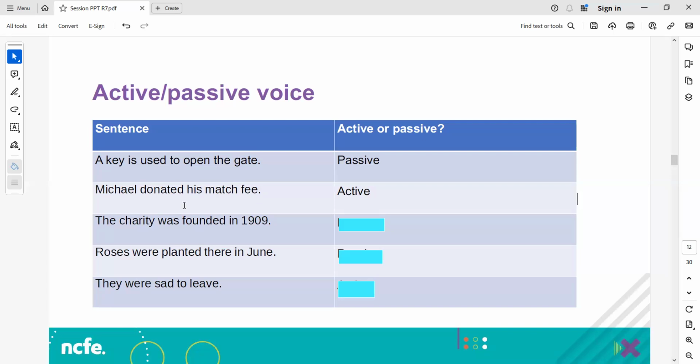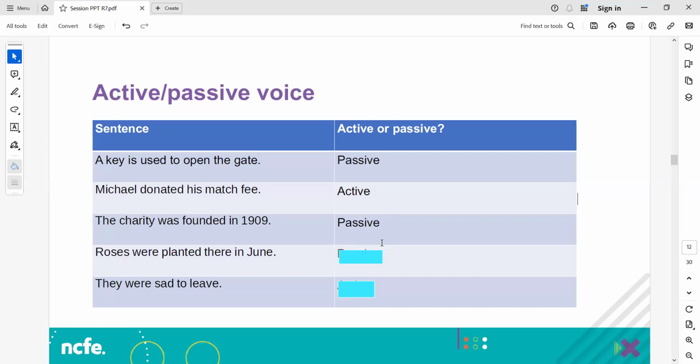Okay. The charity was founded in 1909. So passive or active? It's active. So let's have a look. So this one is passive.